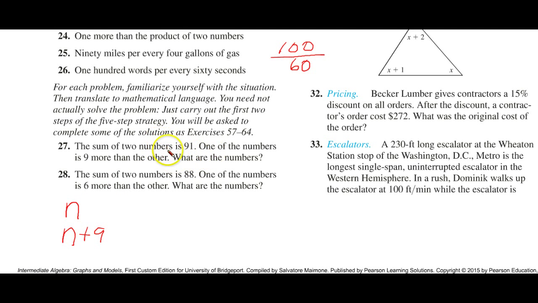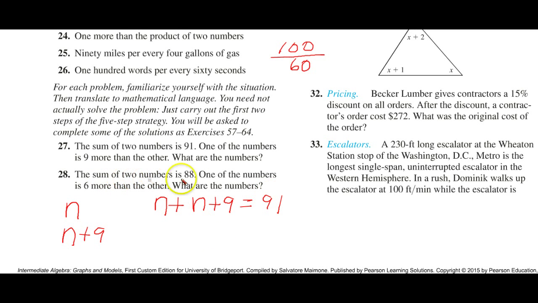So, since I'm doing this from a standstill, I hadn't read these before, I need to think about them just as you would need to think about them. So I read it through, and then here's the clue. One number is 9 more than the other number. So there's the first number, there's the other number, and the sum of these numbers, the first plus the second, will equal 91.